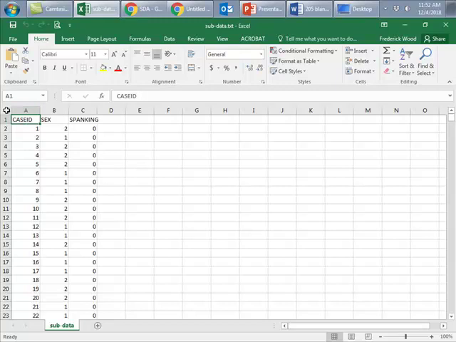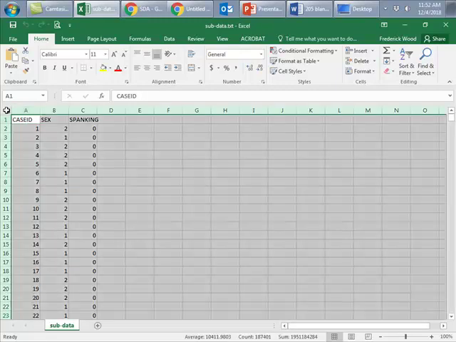Always remember that when you sort your data, you want to make sure you select all of it, because you can't just sort one row at a time. So if I sort my sex column and not my spanking column, it'll ruin your data. It'll essentially only sort these ones, and it'll keep these values the same. That's bad.